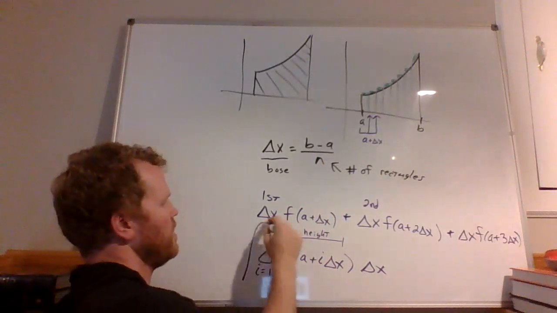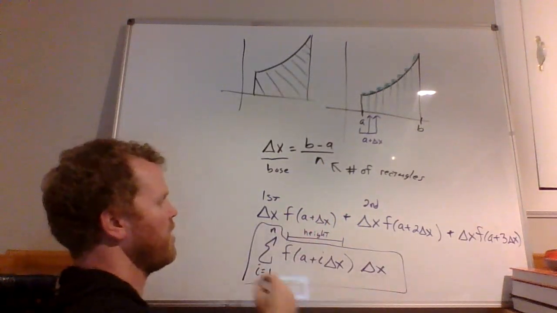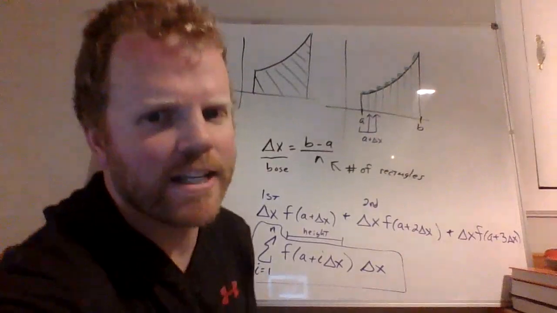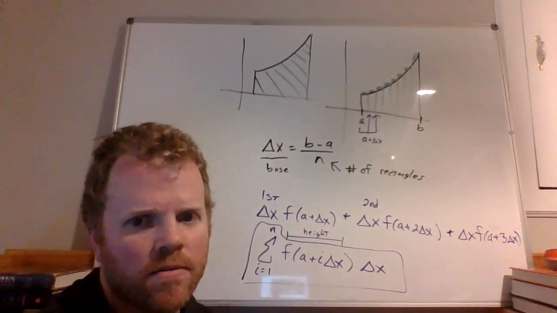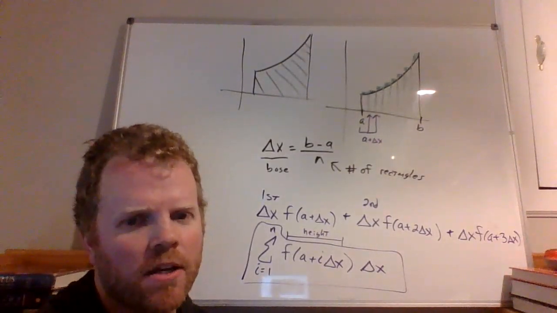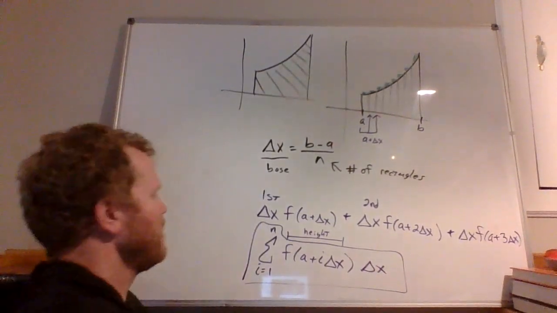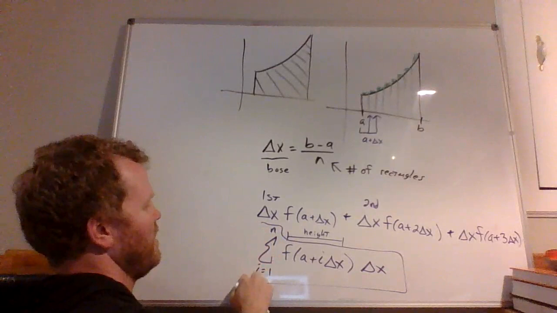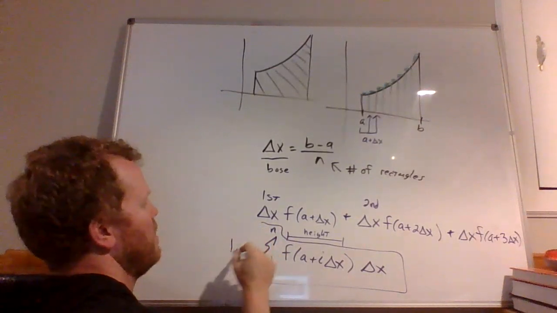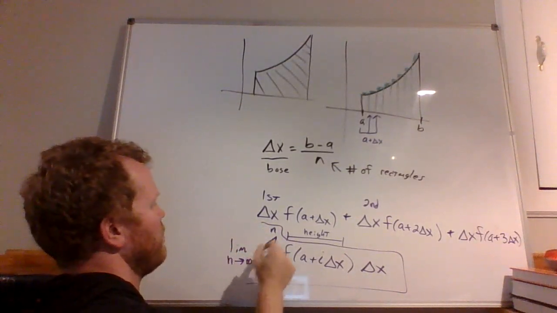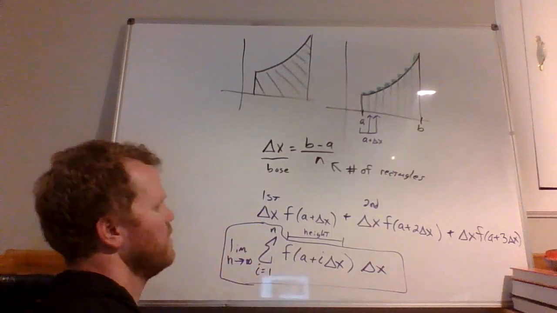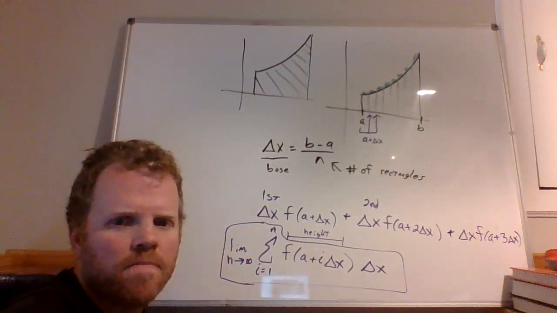This is officially how we find the area under a curve exactly, with one added little tweak. How many rectangles do we want to use? As many as we possibly can. So we sneak in a little limit, and we're talking about n going to infinity. Ta-da!